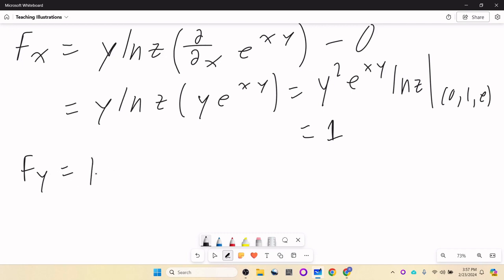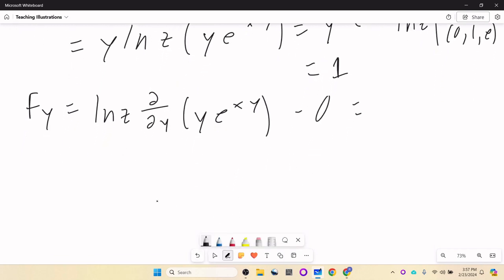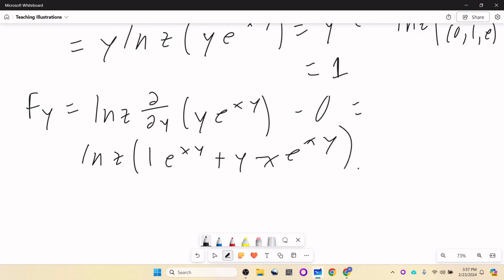That is ln of z times del over del y of y e to the xy minus 0, which would give me ln of z, product rule, 1 e to the xy plus y x e to the xy. And now we will plug in 0, 1, e. And this should also give us 1.